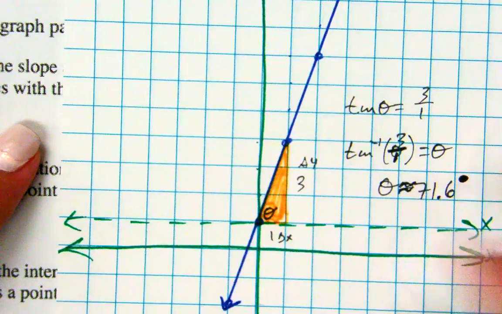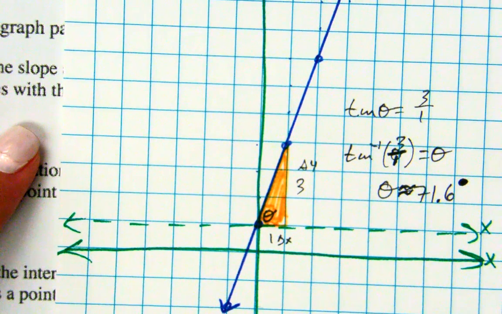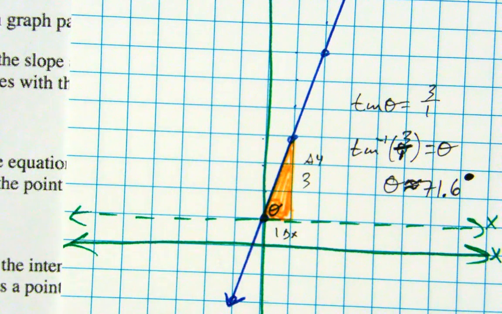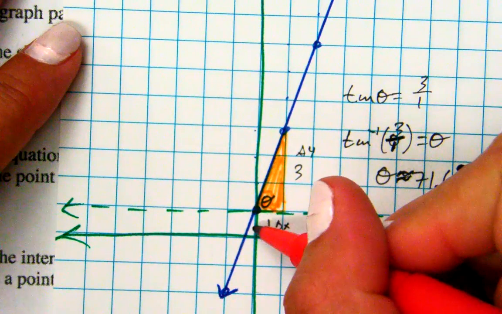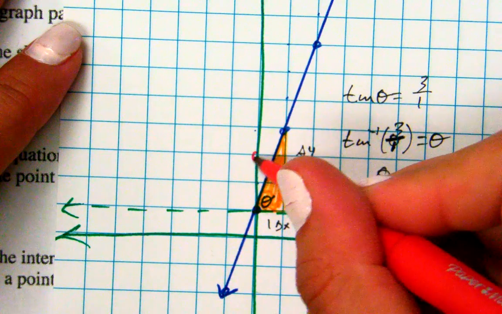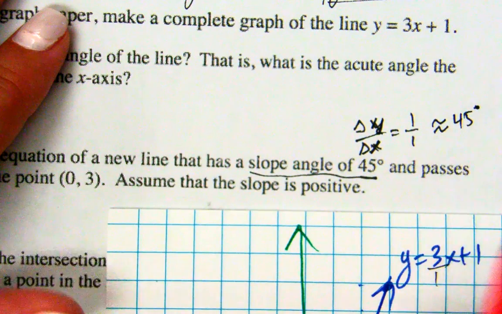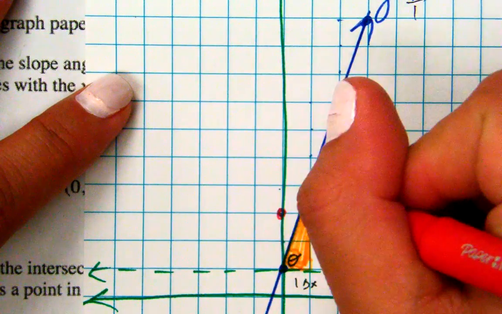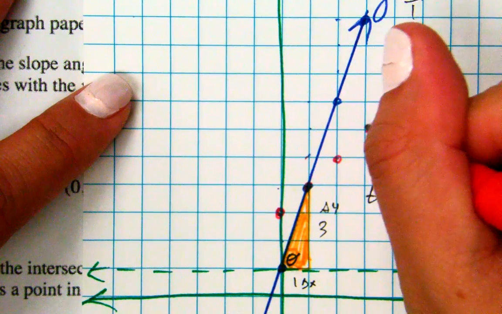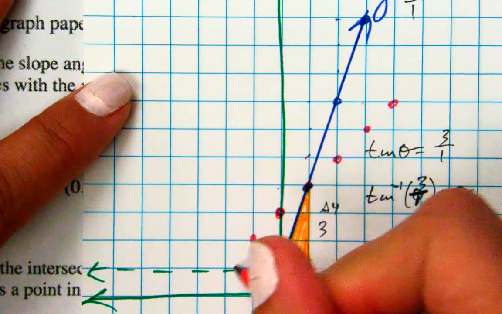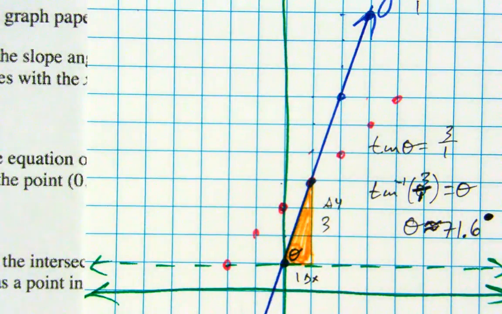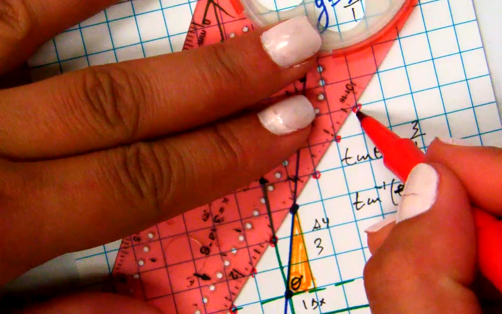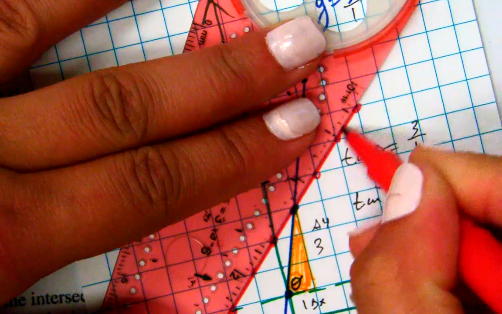So go back over here. It hits at 0 and 3, so 1, 2, and 3. And it's going to basically just go up 1 over 1 every time. So up 1 over 1, up 1 over 1, up 1 over 1. So a line that goes like this.